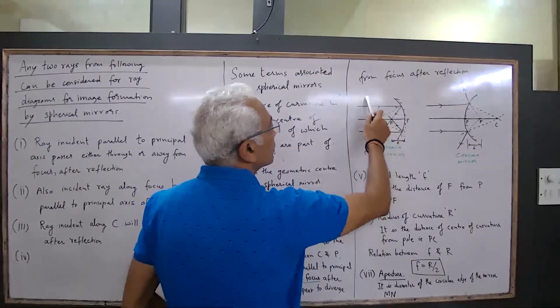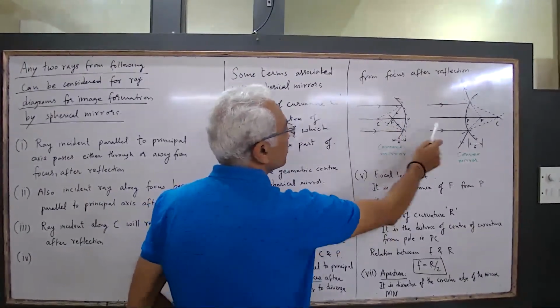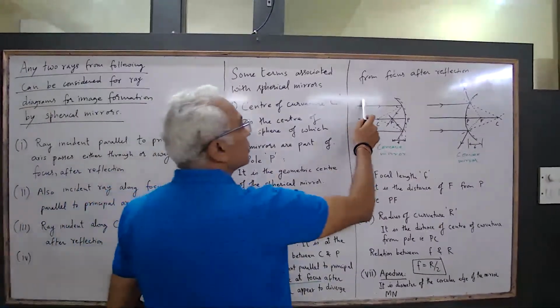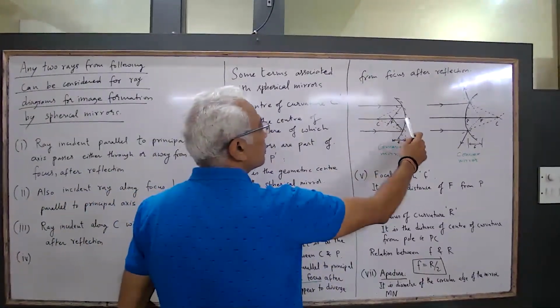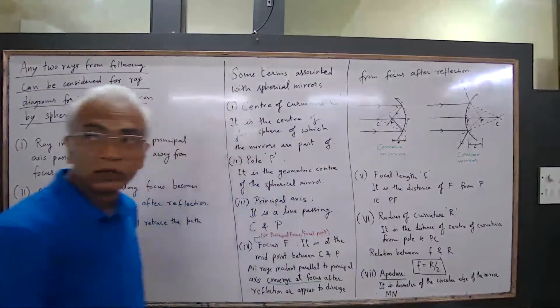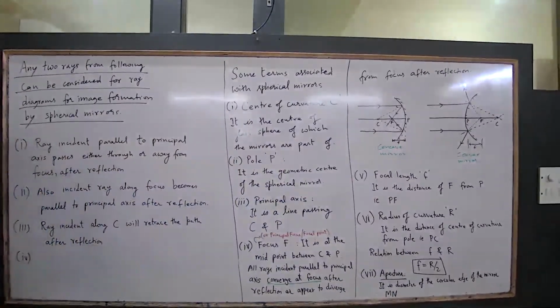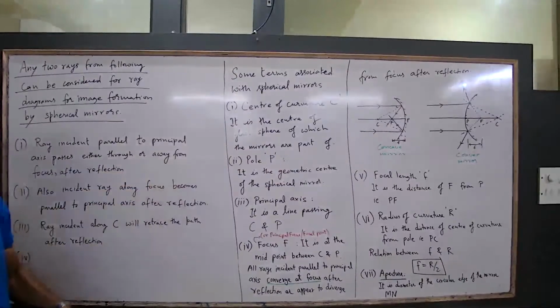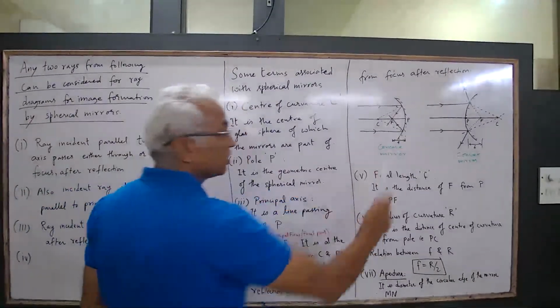So what is the normal at P? CP, isn't it? So whatever is the angle above the principal axis, the reflected ray will be at the same angle below the principal axis. Correct? Because CP is nothing but the normal. Any line joining C to the mirror is radius.